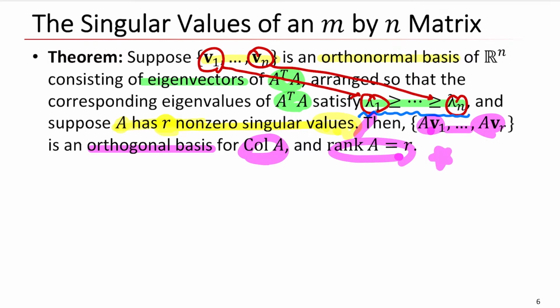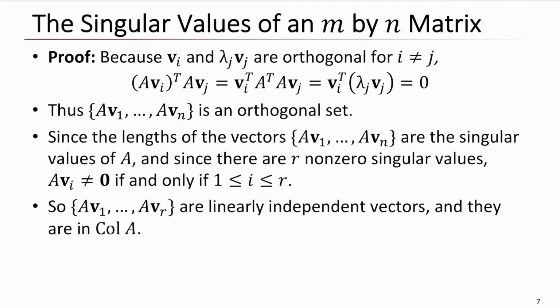In other words, if we can find the eigenvectors and eigenvalues of A transpose A, and we know A has r non-zero singular values, then Av1 through Avr is an orthogonal basis for the column space of A, and the rank of A is just r. Okay, so first of all, let's prove this theorem.